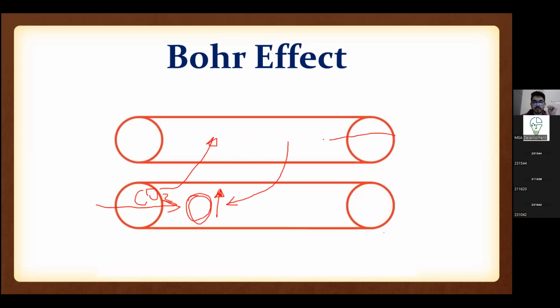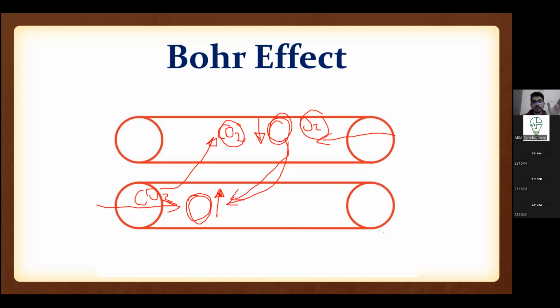What about the maternal blood? Maternal blood is going to come and is going to have O2. Because of the CO2 that was released by the fetus to the mother, now the hemoglobin here of the mother is going to have less affinity to what? To O2. Therefore, it is going to release even more O2 to the baby.